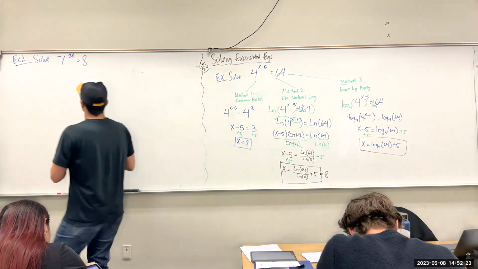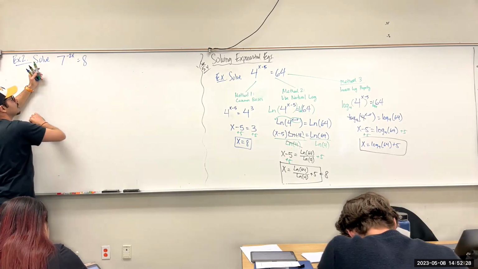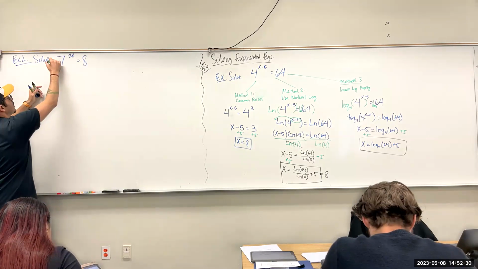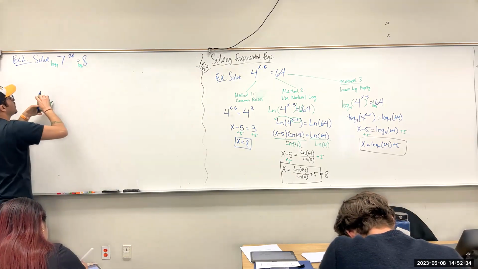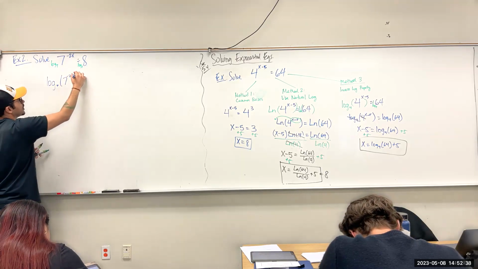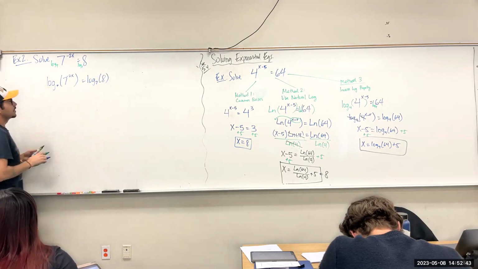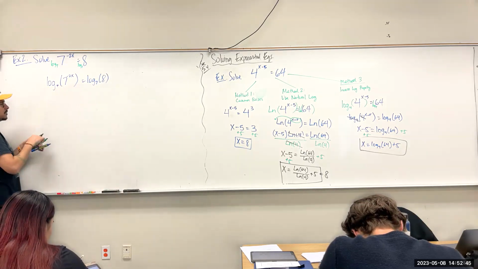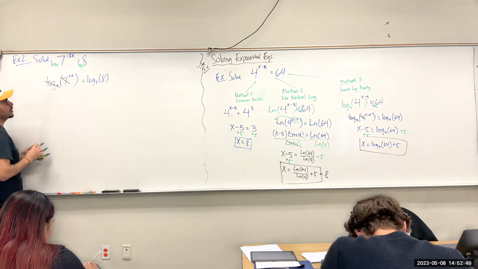Okay. So if I want to do the inverse log, what base do I use for that? Log base 7. So I can do log base 7 of 7 to the negative 2x, log base 7 of 8. And on the left, the log base 7 and the base 7 cancel.